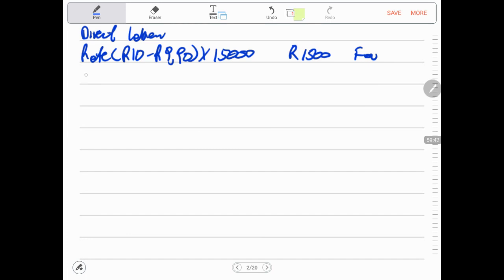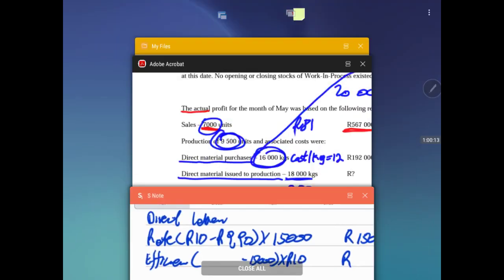Then I go to the labor efficiency variance. My labor efficiency variance will be calculated by standard hours minus actual hours of 15,000, times the standard rate, the standard rate being 10 Rand per hour. Then let me calculate my standard hours.